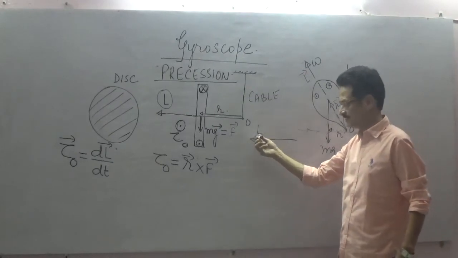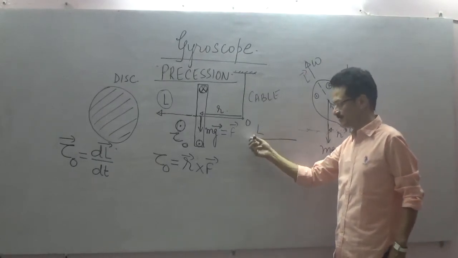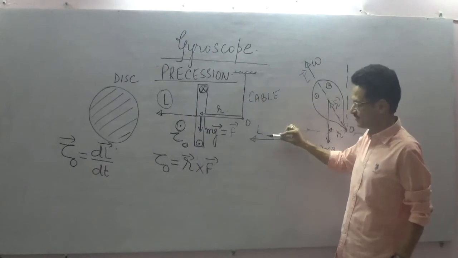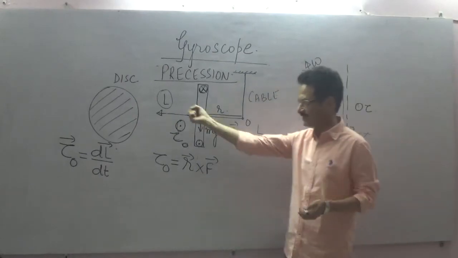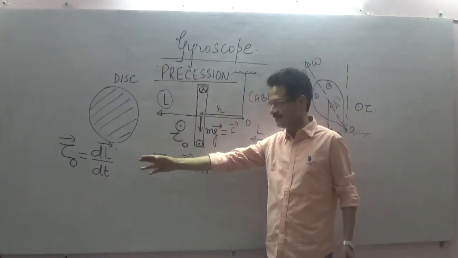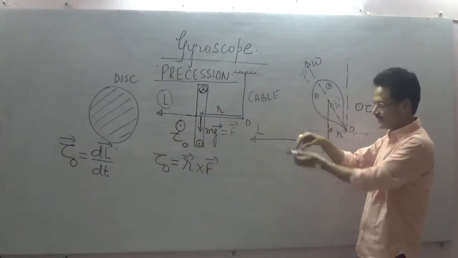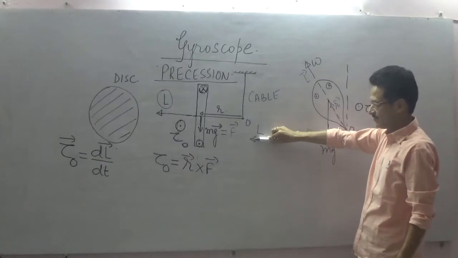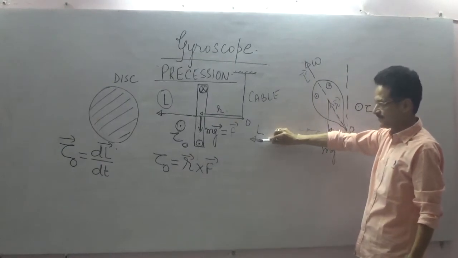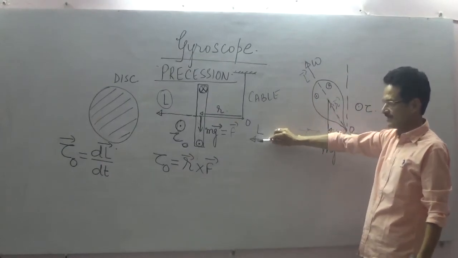This means that the change in the angular momentum is in this direction. If I release it from here, the angular momentum will change in this direction. So definitely this vector will rotate like this.